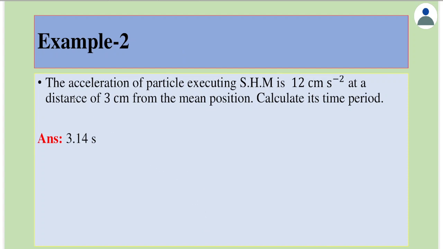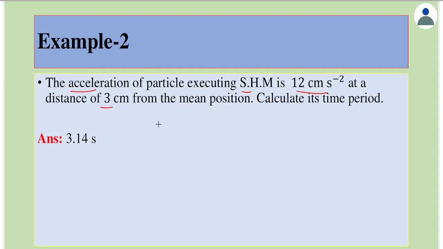Example 2 says the acceleration of a particle executing simple harmonic motion is 12 centimeter per second square at a distance of 3 centimeter from the mean position. Question says calculate its time period.